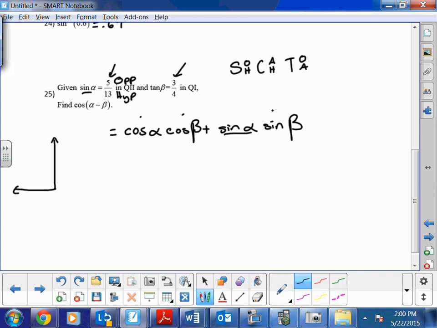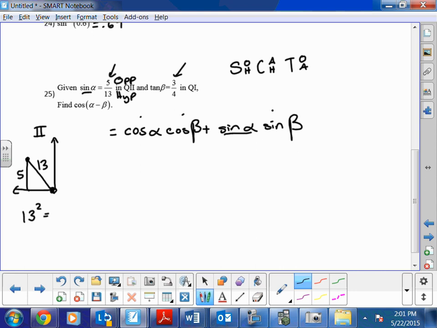You might be wondering why. Well, when my right triangle gets formed in my unit circle in quadrant 2, this is 13 and this is 5. Now I can use the Pythagorean Theorem to figure out the x value.